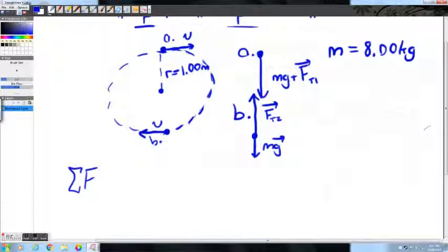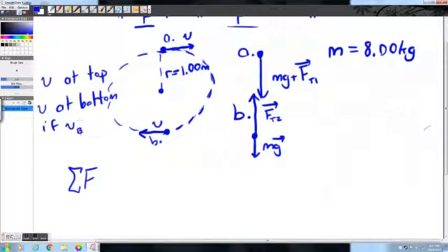Let's find the velocity at the top and the velocity at the bottom, if V_B for the bottom is equal to 2 times V_A, A for the top.